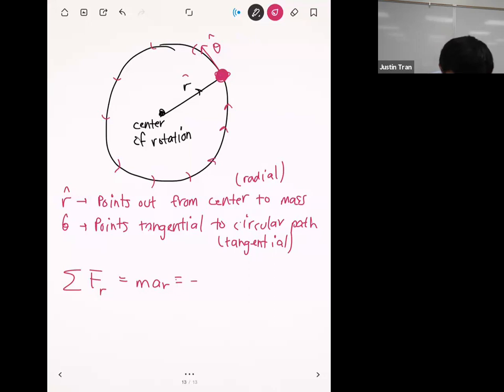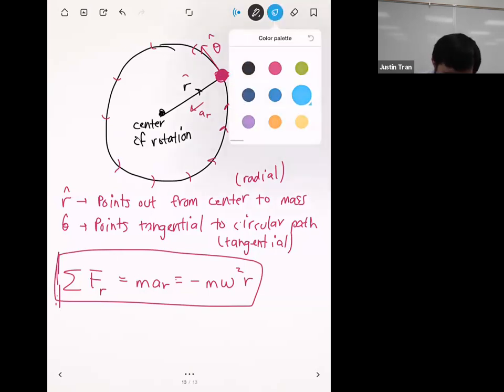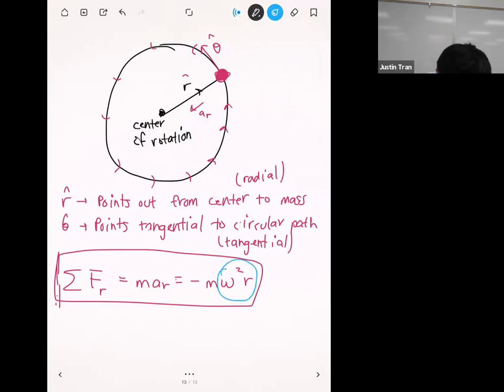This is going to be negative m omega squared r. I put a negative sign there because the radial acceleration always points inward, in the opposite direction as R. This right here is the radial acceleration.